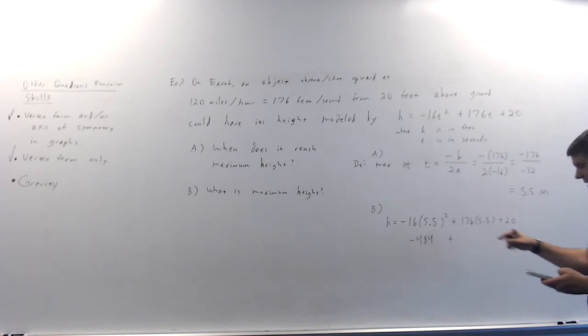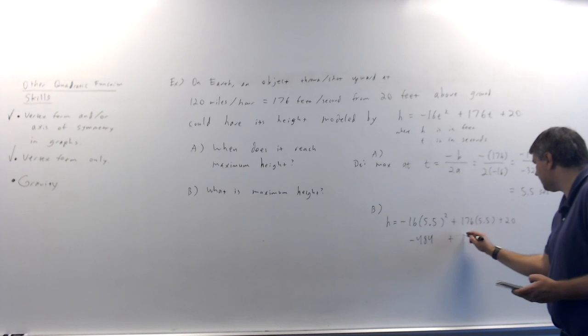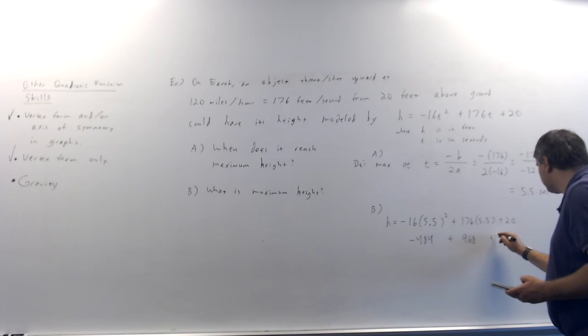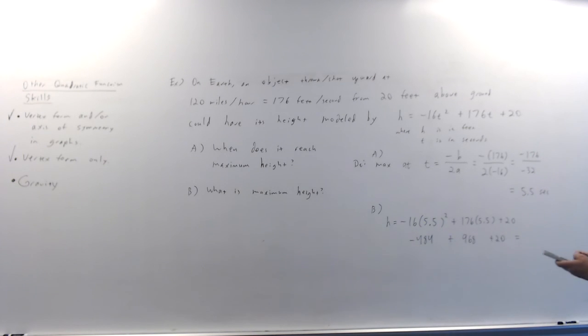Plus 176 times 5.5, 968, plus 20, is 504. So that's going to be 504 feet. That will be its maximum height.